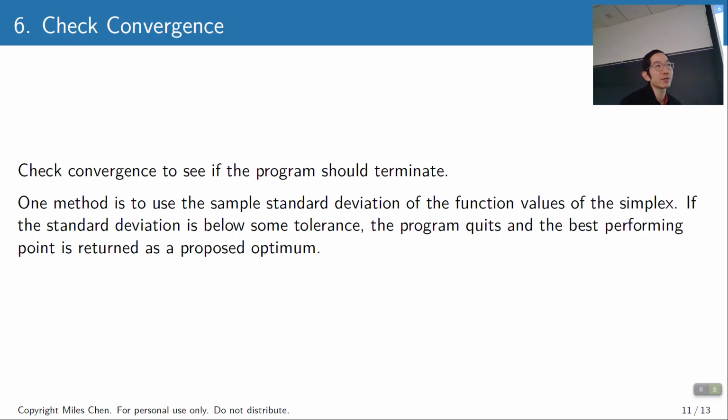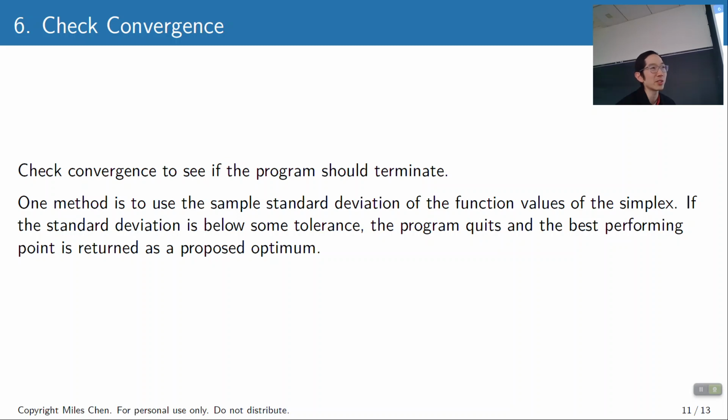Checking for convergence is basically, should we stop the program or should we keep running iterations of this? One way is you can check, because you have the value of the function at all three corners of the simplex. You can say, is the difference between the max and the min less than some value.